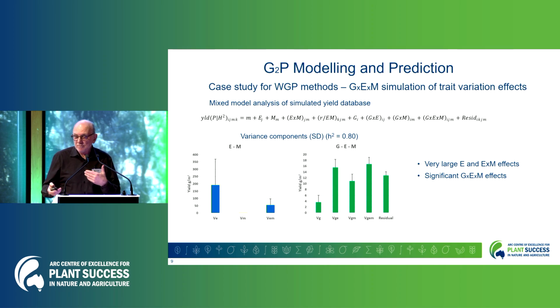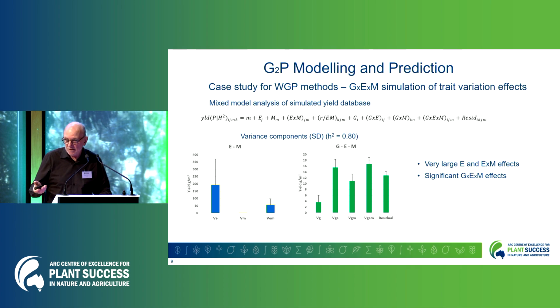And just to show that this actually generates the sort of variance components that one would normally see, this is the mixed model run that Mark did on that database, and you can see the variance components there.